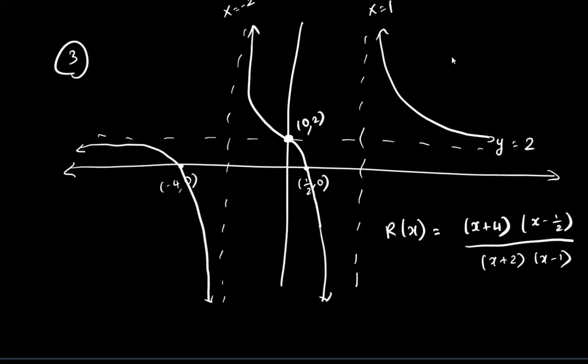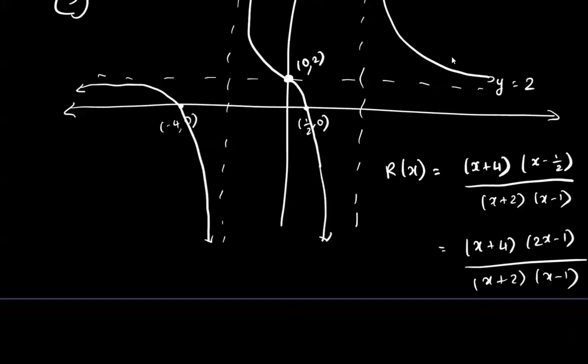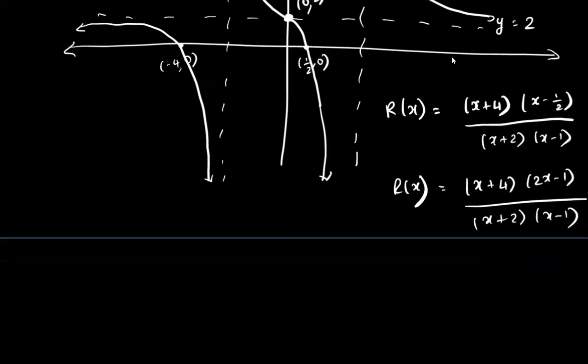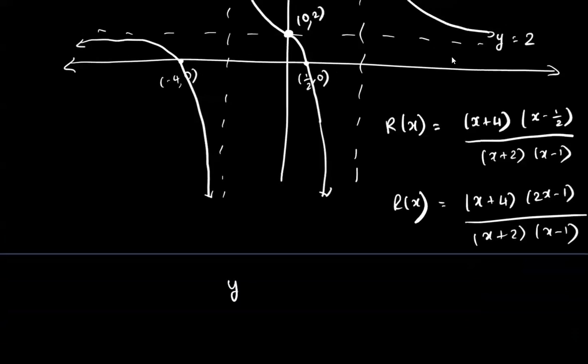So this is what I have, right? I'm going to write this like so. I'm just putting it as 2x minus 1 because that gives you an intercept of 1/2, okay? So this is my rough idea. Then I have to check whether the horizontal asymptote works out or not. So how do I check that? My horizontal asymptote was y equals 2.